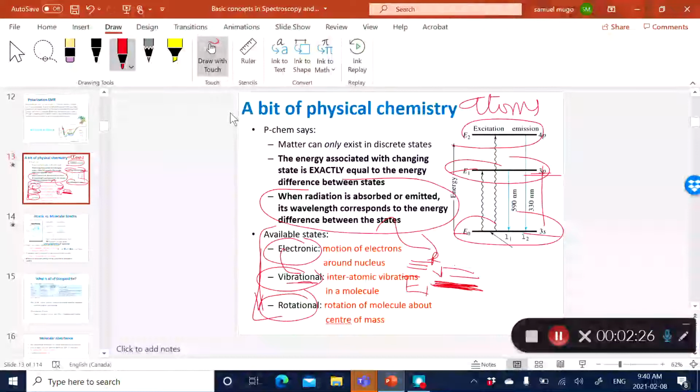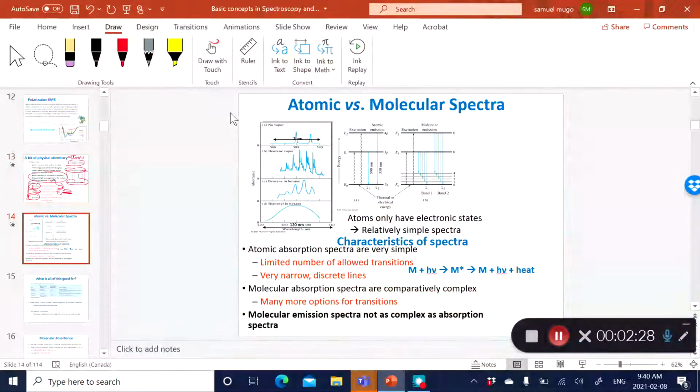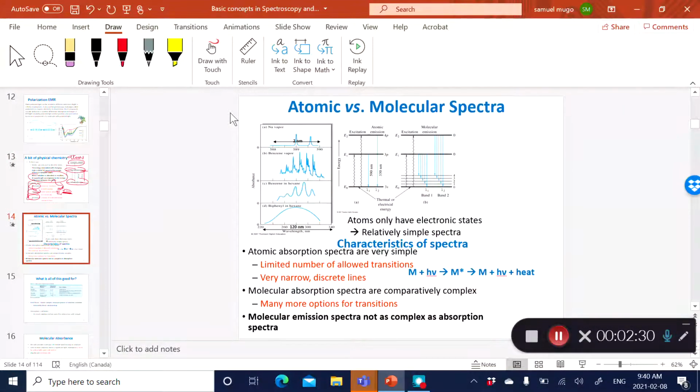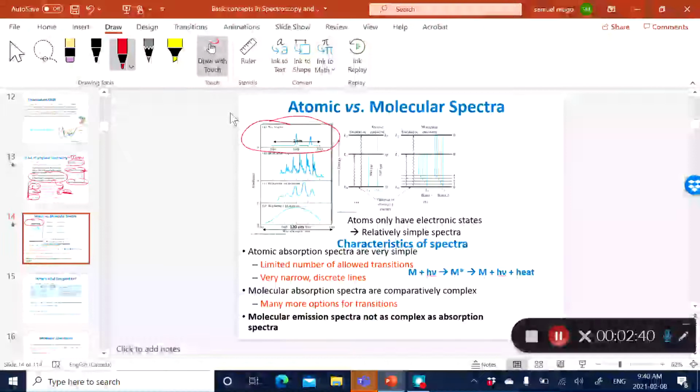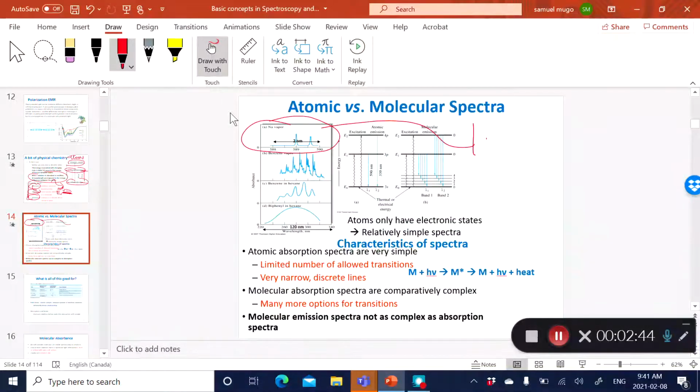And that's going to explain, in the next slide, why, if you're dealing with an atomic spectrum, the result coming from electronic transitions with atoms is a very well defined, almost what you refer to as a line spectrum. So that is the case for atoms, in this case, say, sodium vapor.